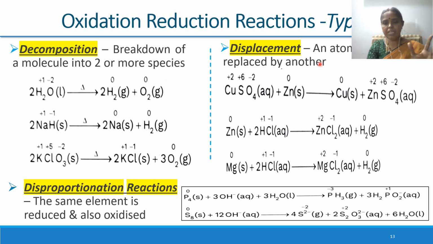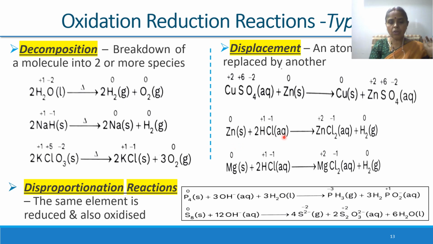What is displacement? The name itself is indicating some species is displacing some other species. An atom or an ion being replaced by another atom or an ion is what is called a displacement reaction. You can see here copper sulfate. Copper is displaced by zinc to form zinc sulfate, and copper is liberated.